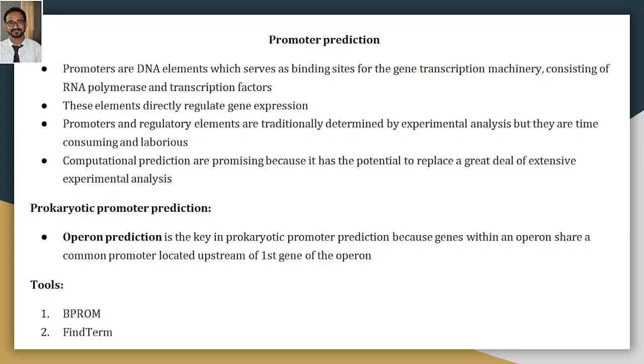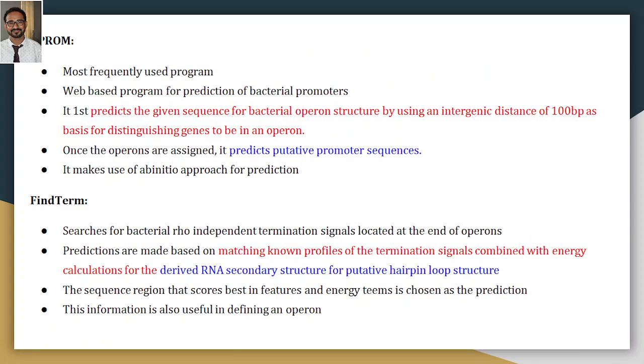There are two tools, BPROM and FindTerm. BPROM is the most frequently used program compared to FindTerm. It is a web-based program for prediction of bacterial promoters. It first predicts the operon structure of the given bacterial sequence, by using the intergenic distance.